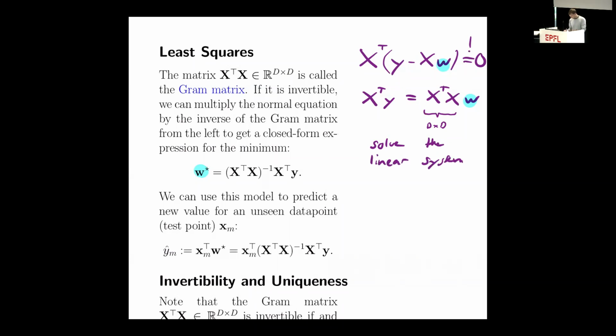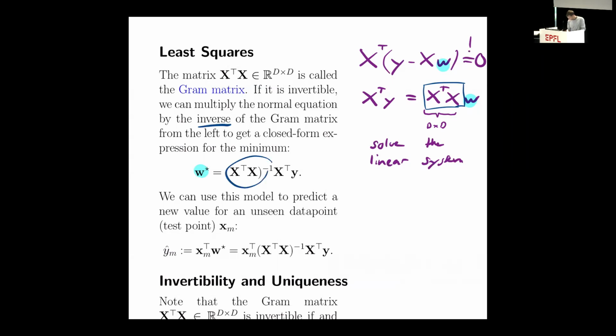Okay, and if you can invert this matrix here, then this is all very nice and easy. So that's what is happening here.